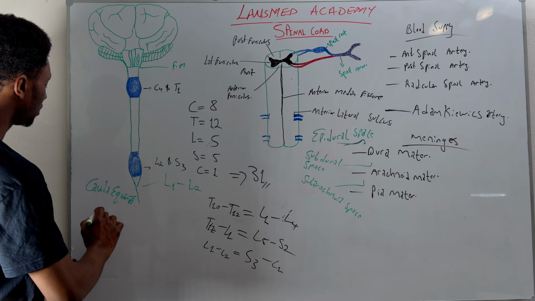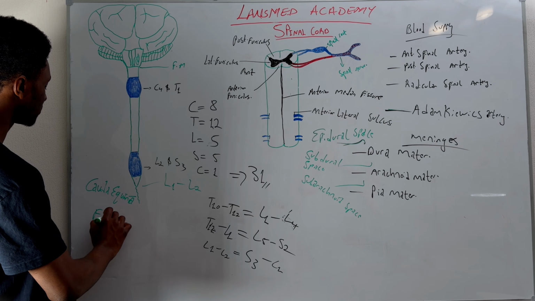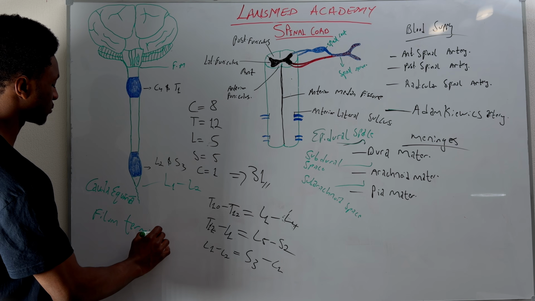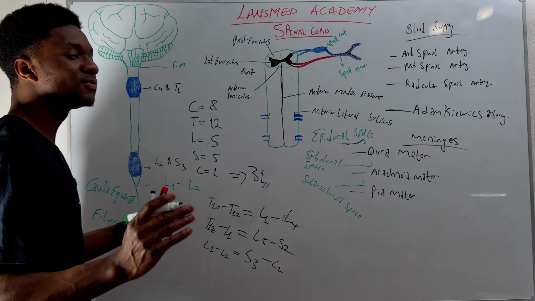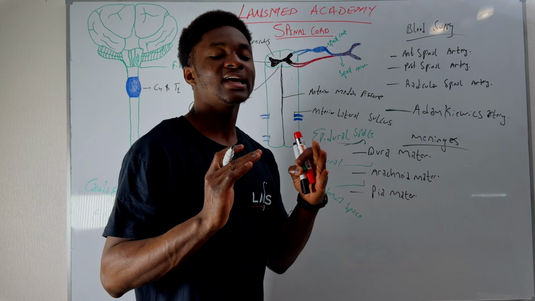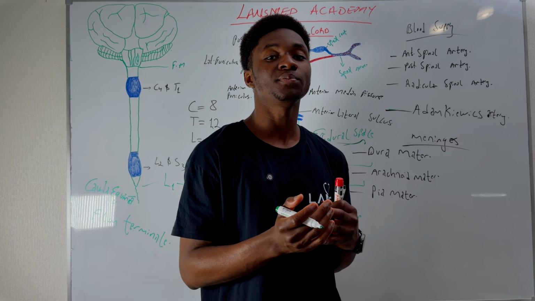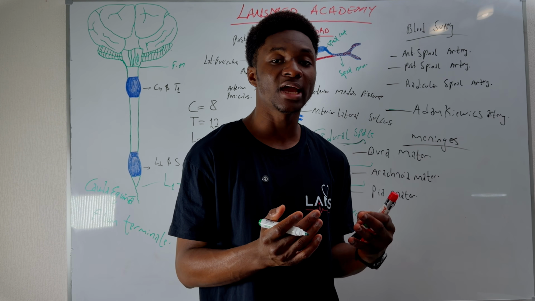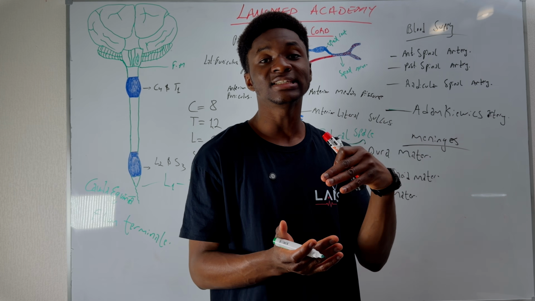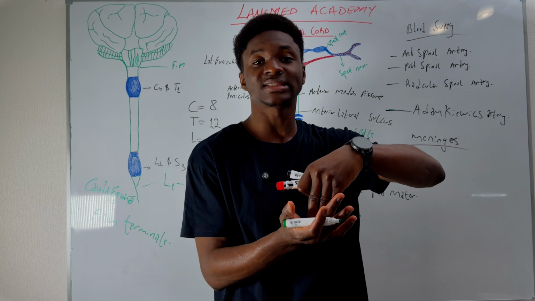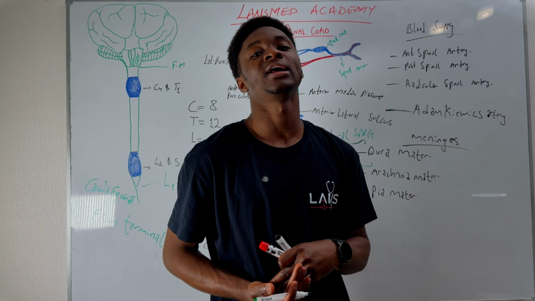And lastly, we have the filum terminale. The filum terminale is actually the fibrous strands from the pia mater that extend down to the coccyx to fixate the spinal cord and stabilize it.